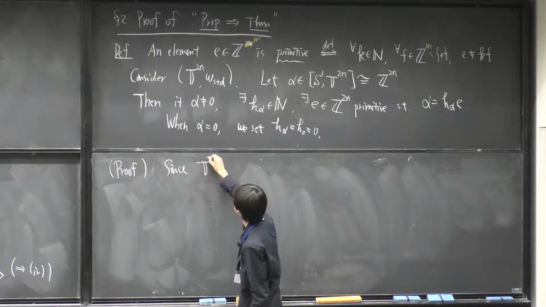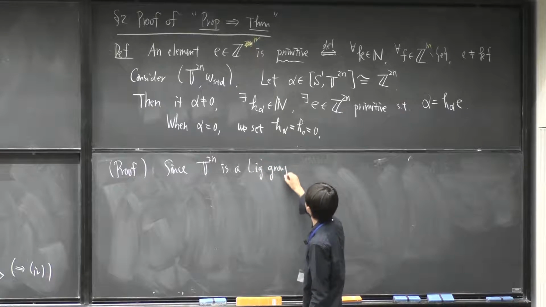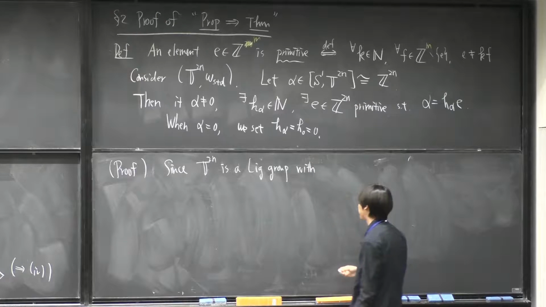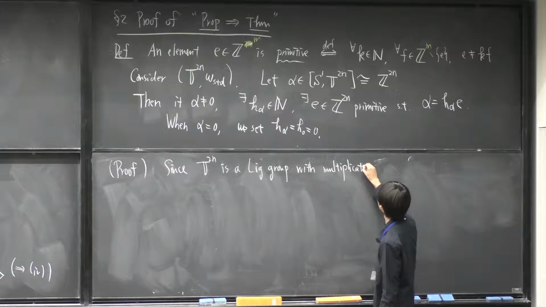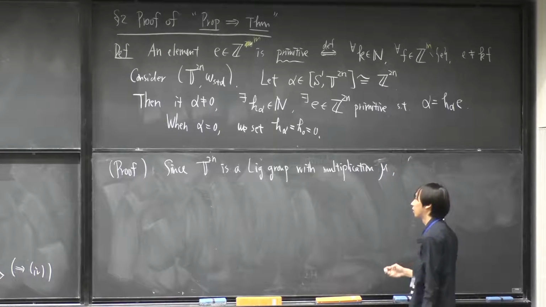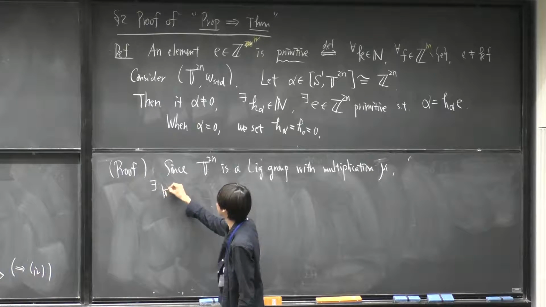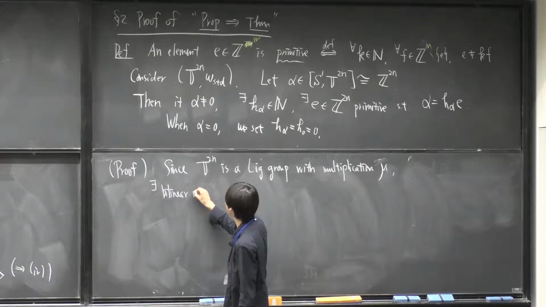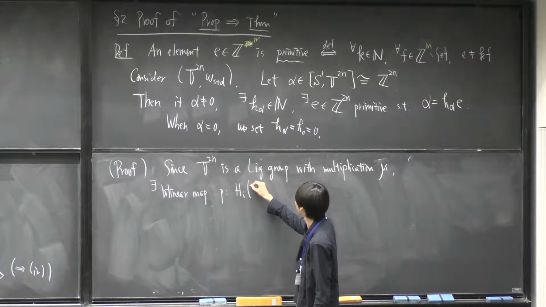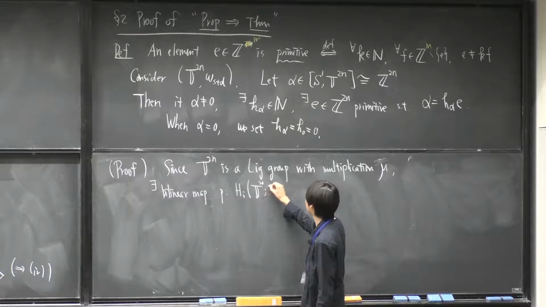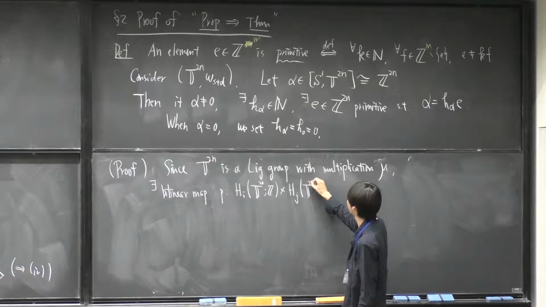Since the torus is a Lie group, with some multiplication mu, there exists a bilinear map P from the ith homology group times the jth homology group.